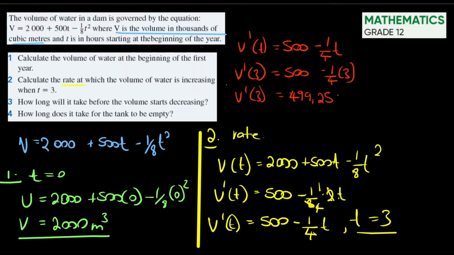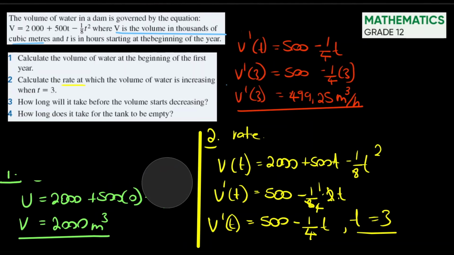Remember, this is rate, meaning that it's cubic meters per hour, because our units are cubic meters and per hour. That will be the rate at which the volume of the water will be increasing when time is 3, after 3 hours, because time is in terms of hours.